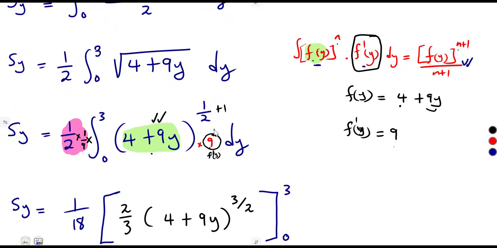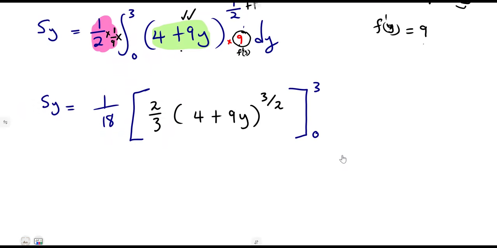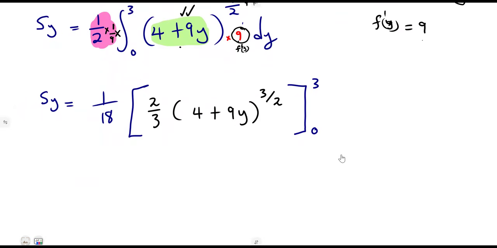It was just like there's a 1, as we're supposed to have a 9. By introducing the 9, we must multiply outside of the integral by 1 over 9. We're done. So let us substitute our limits as we are given.